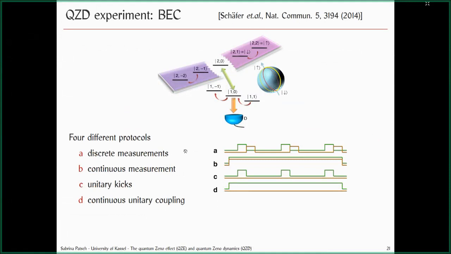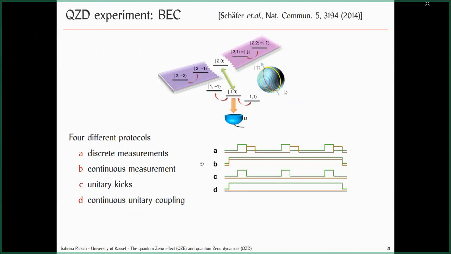The colors are the same as for the arrows above. A discrete measurement contains driving the system from 2,0 to 1,0, so to the other manifold. And then we measure by switching on the orange pulse, which leads to the detection of photons if there was population. And then we repeat that very often. Here you have the 3 bumps indicating that we repeated 3 times.